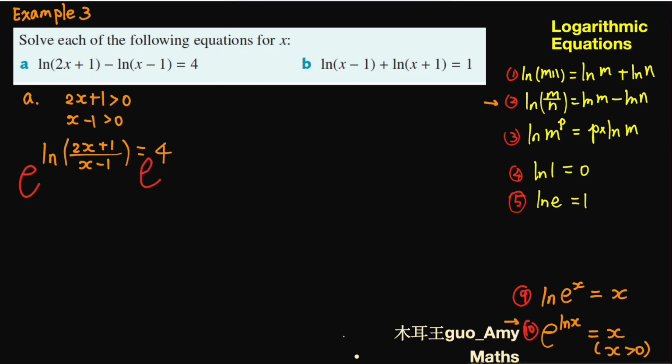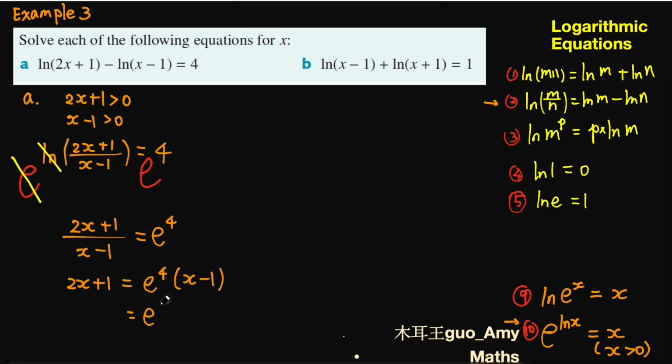Both sides become the index of e. Then on the left part, the exponential form and natural log have the same base e, so they can be cancelled out. Therefore, we will have 2x plus 1 over x minus 1 is equal to e to the power 4. Then both sides are multiplied by x minus 1.